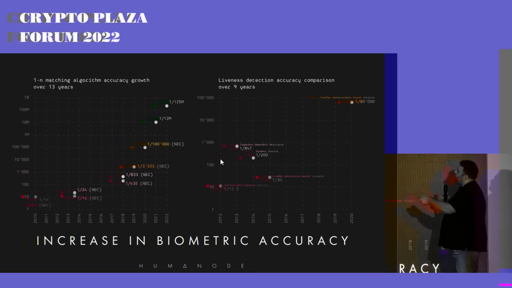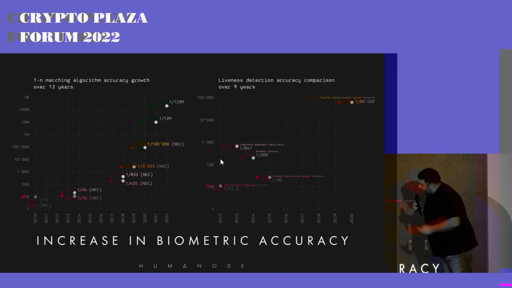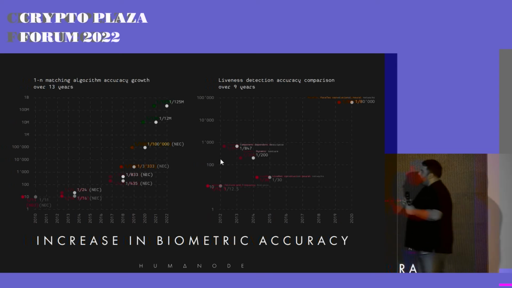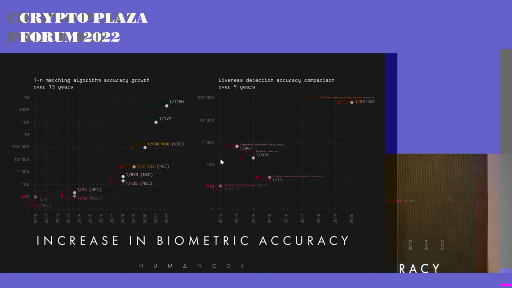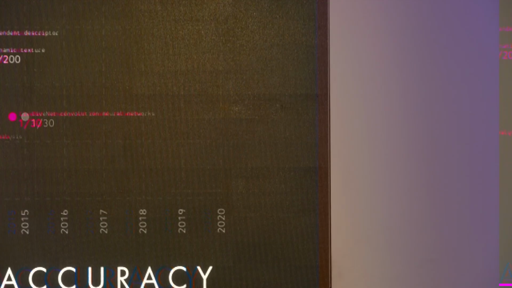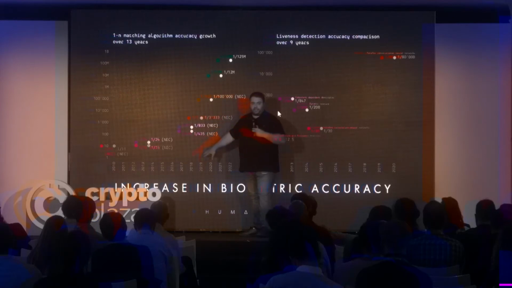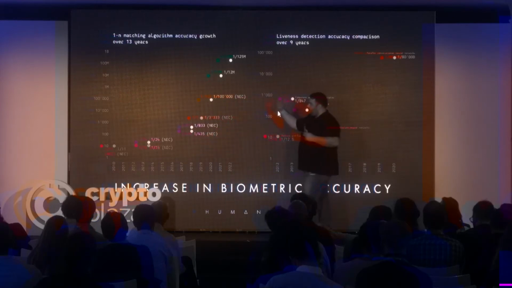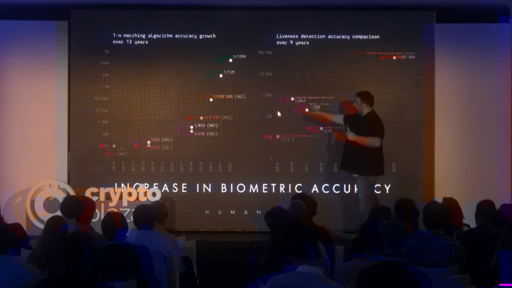And here we can look at how the precision grew over the last decade or so. On this graph, you can see that it wouldn't even have been possible to do this 3 years ago because the precision of biometric matching was just not there.